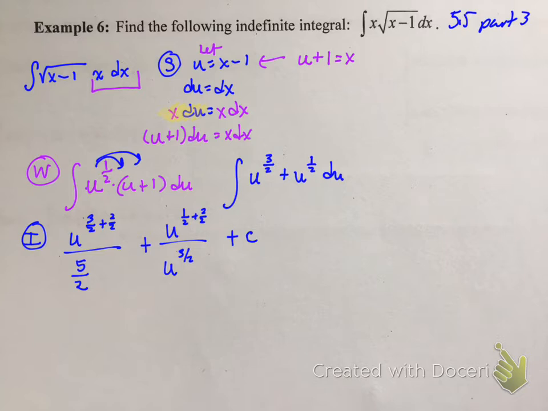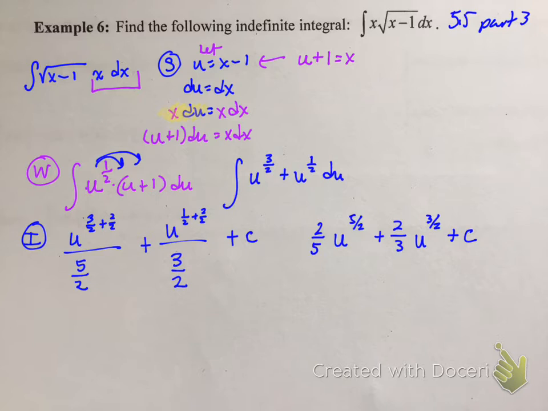So this looks like 2/5 u to the 5/2 power, plus, and by the way, I shouldn't have a u in the denominator. I don't know why I did that. So let me fix that really quick. 2/3 u to the 3/2 power plus c.